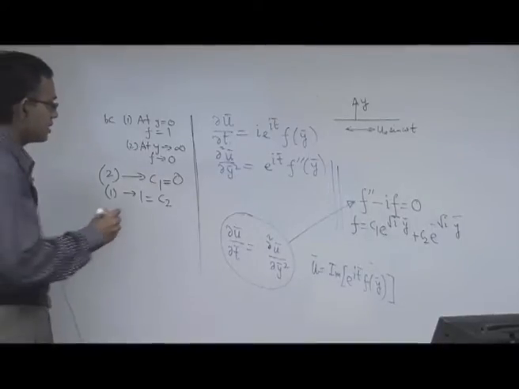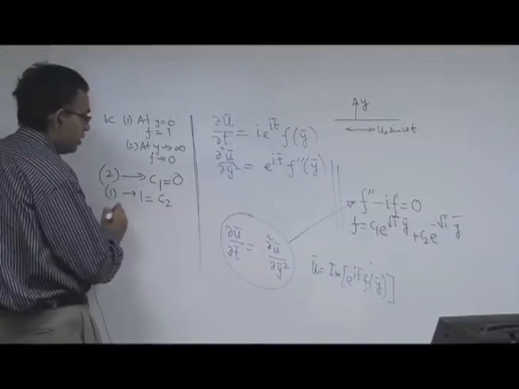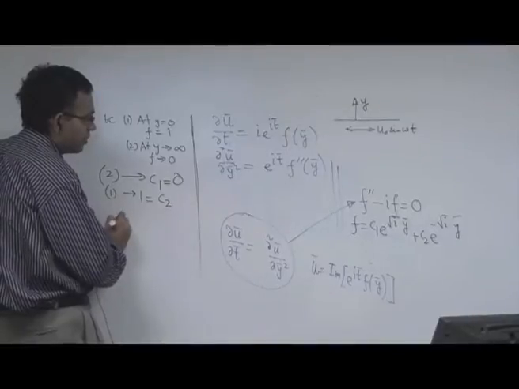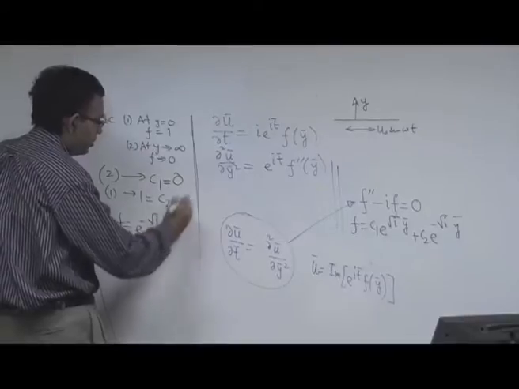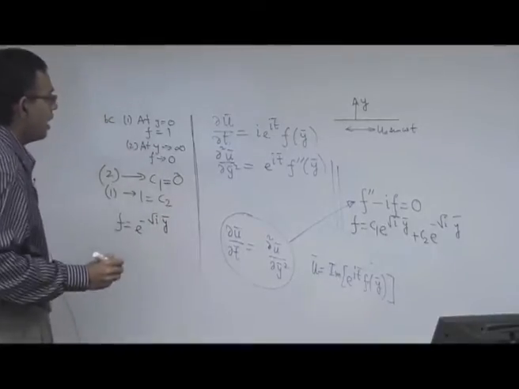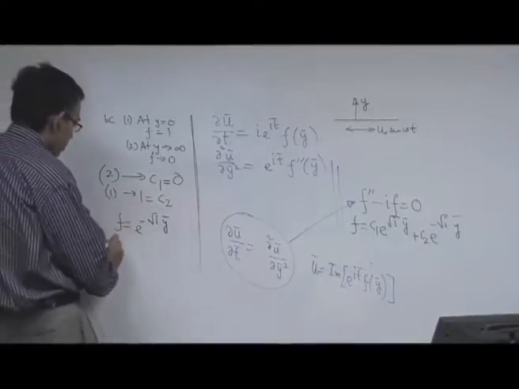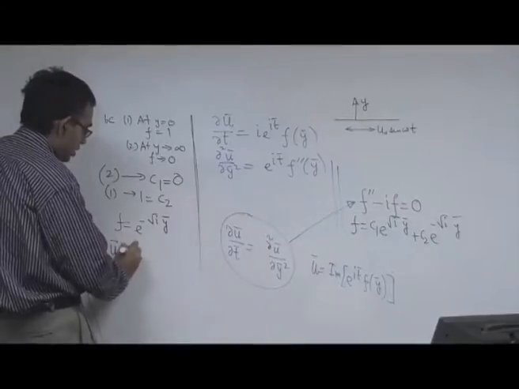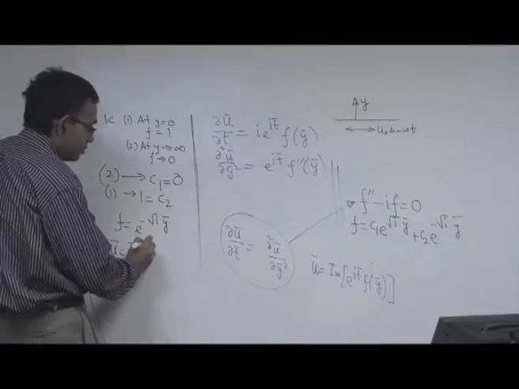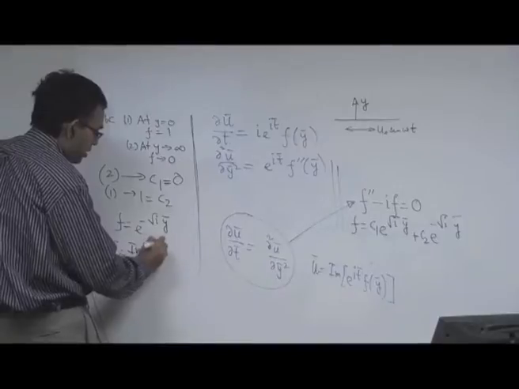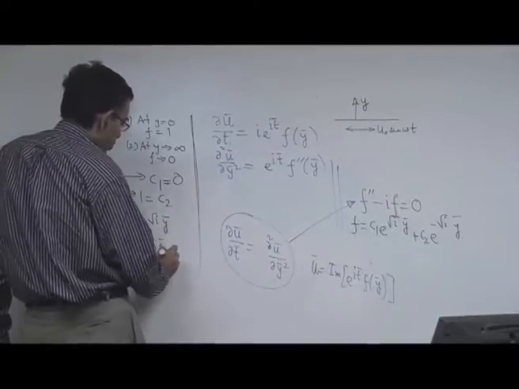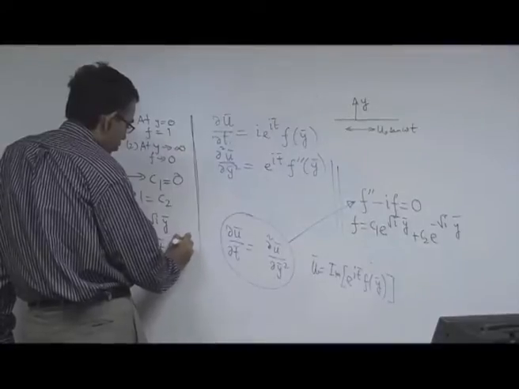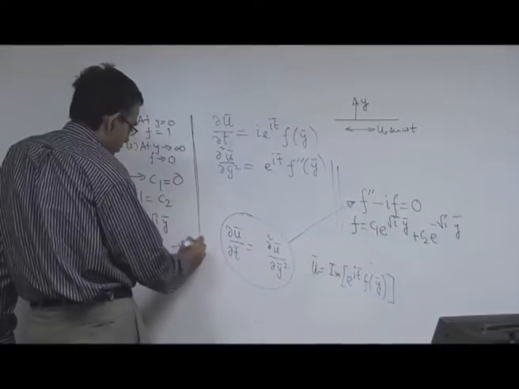So, that means your solution is f is equal to e to the power minus square root of i y bar, and u bar is equal to imaginary e to the power i t into e to the power minus square root of i y bar.